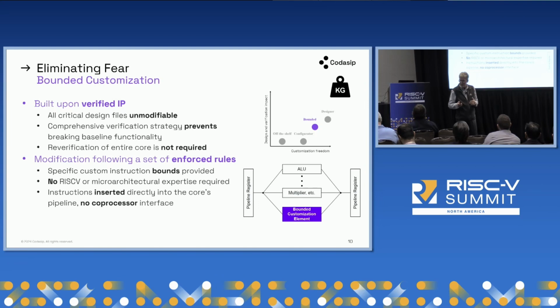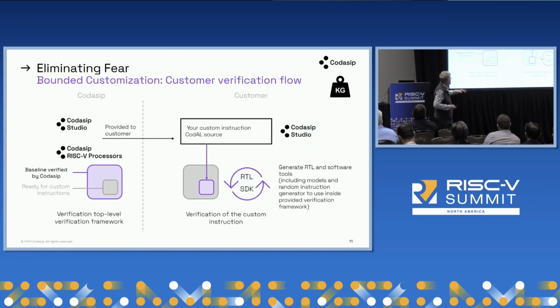Now, a little bit more detail on that is we have this entire methodology built out where you have this verified core and you have this verification environment that you have access to afterwards. And it includes models and random instruction generators to validate that your instructions are doing what you want to do as well as not breaking the core.